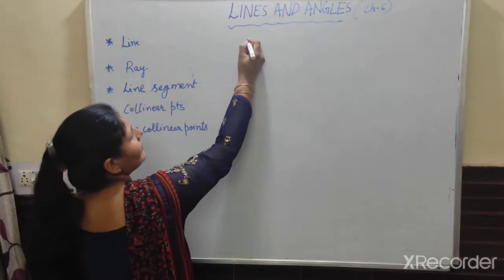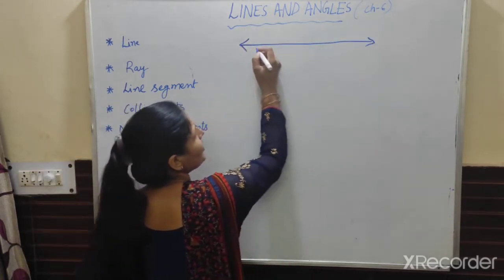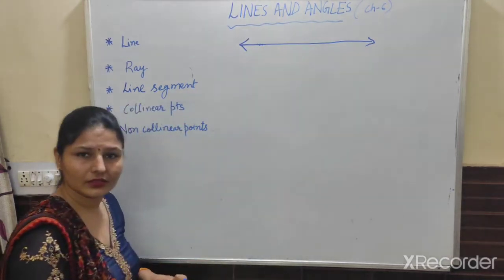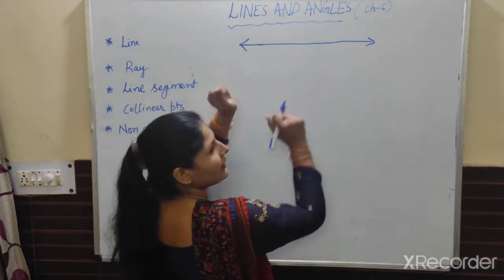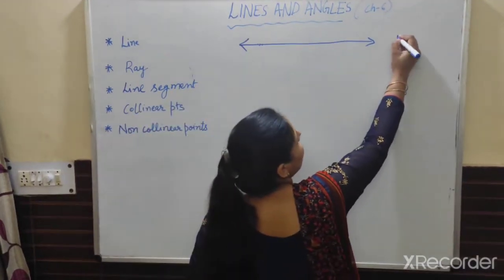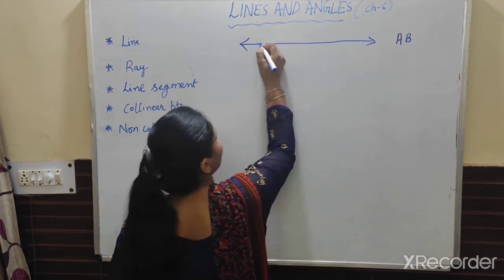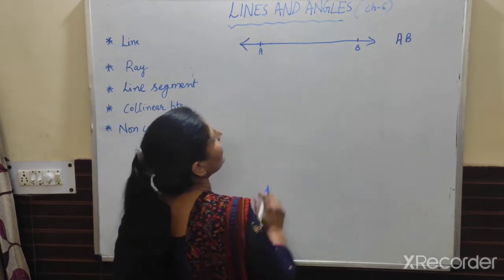What is a line? A line is a collection of points along a straight path which can be extended in both the directions, and it is represented by AB. Suppose we take A here and B here.